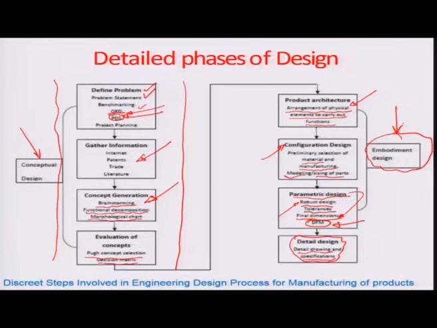So, on one hand, there is a broad domain of conceptual design, which is about the ideation, the need mapping, as well as preliminary evaluation of some of the ideas.